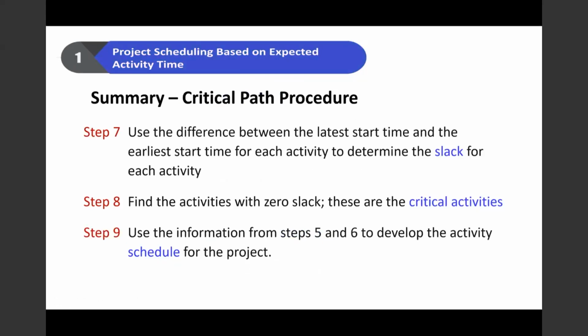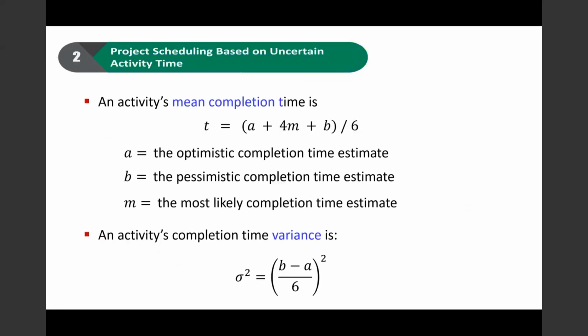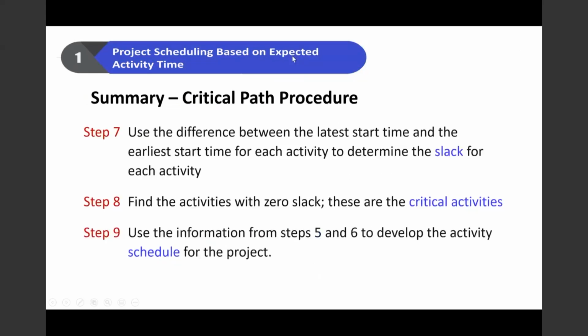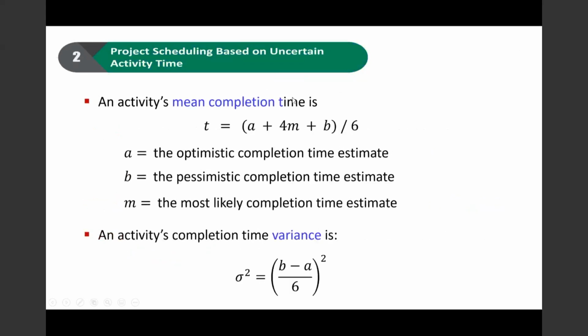So that is the first subtopic, project scheduling based on expected activity time, where a fixed time is given to you. Another way is project scheduling based on uncertain activity time.